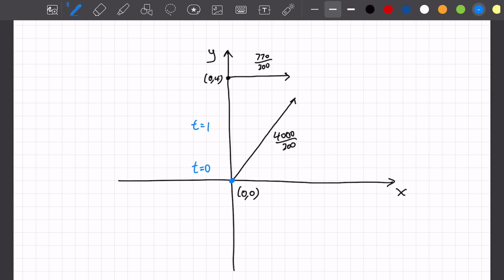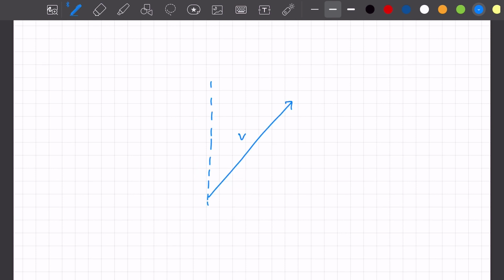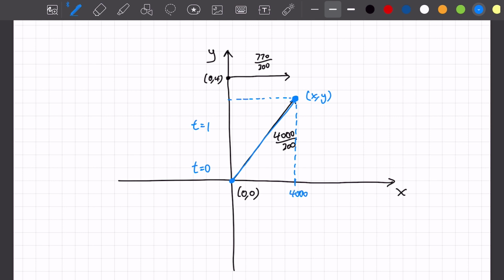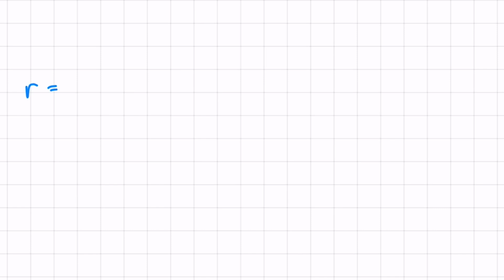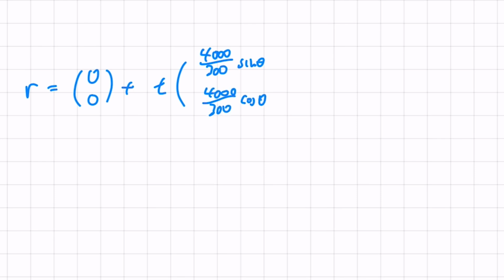At t equals 1 second, your projectile has traveled a distance v, and the coordinates of that position are the horizontal and vertical components of v, which are 4,000 over 300 times sine theta and 4,000 over 300 times cosine theta. So if we take the direction vector as 4,000 over 300 sine theta and 4,000 over 300 cosine theta multiplied by some scalar t, which is measured in seconds, we get the position of the bullet at any time t.